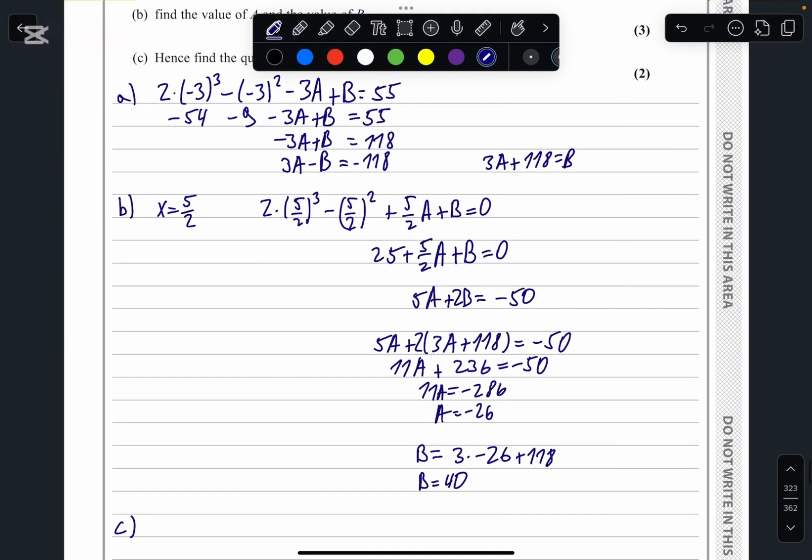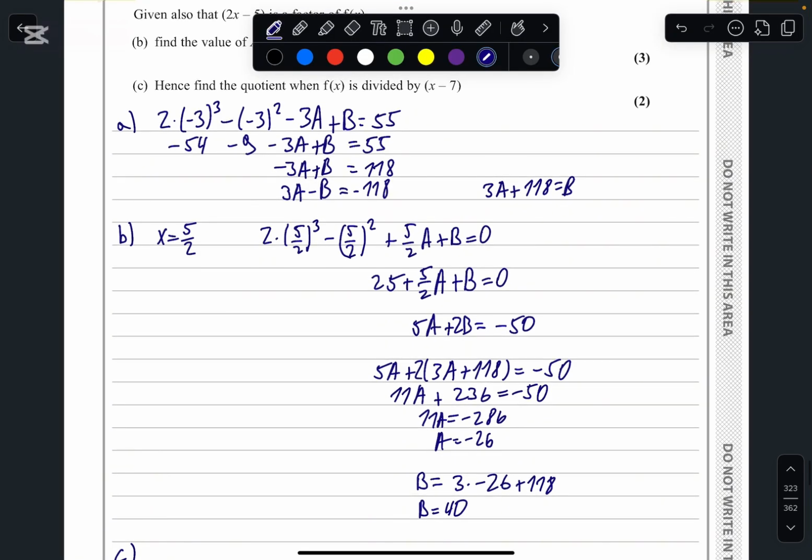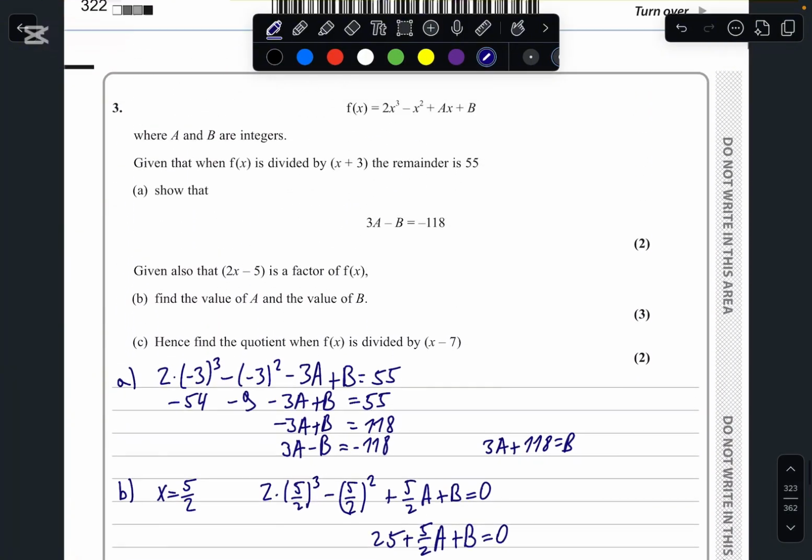Hence, find the quotient when f of x is divided by x minus 7. This is simple long division.